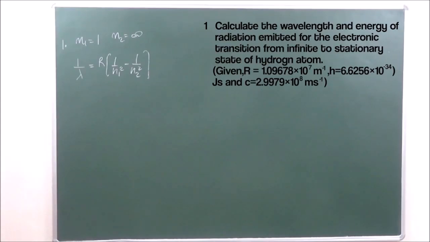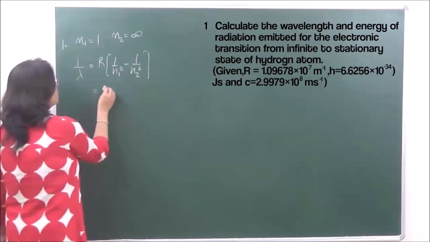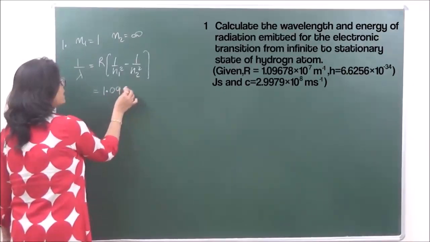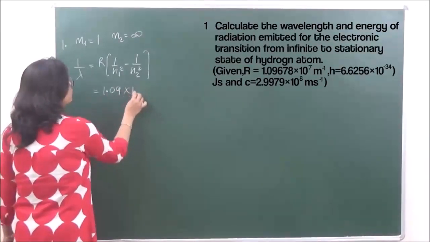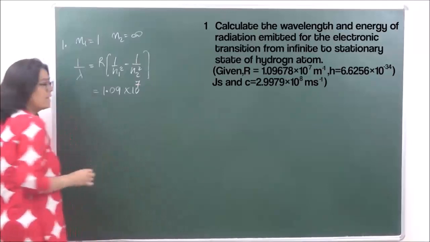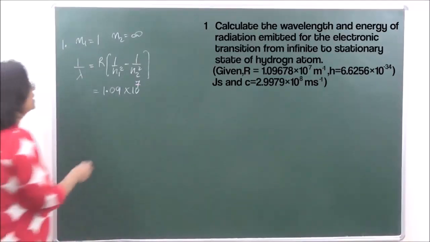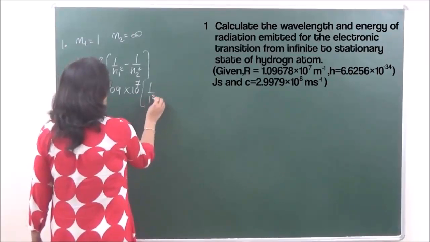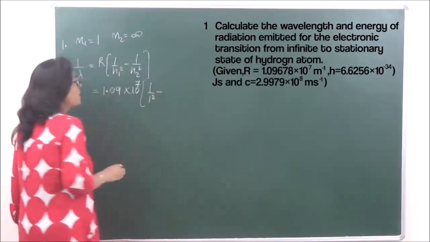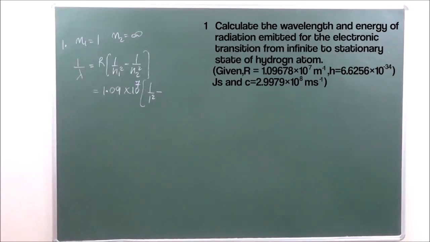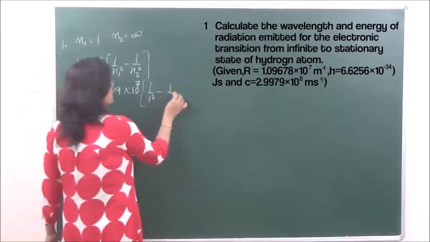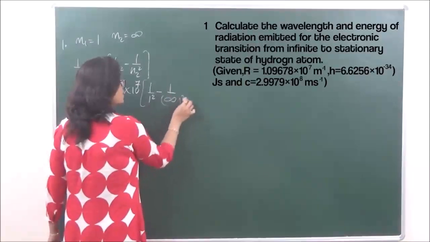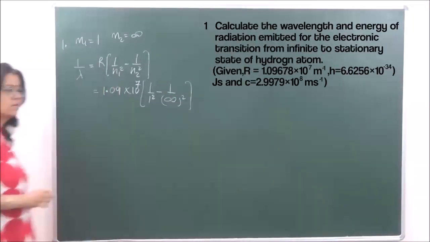So the value of R is 1.09, we can take approximately, into 10 raised to the power 7. This is the value of R given to you. Upon 1 upon n1 square, 1 square, and at infinity, 1 upon n2 square is 1 upon infinity square. This is how you can put it.